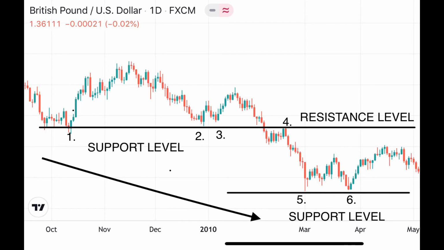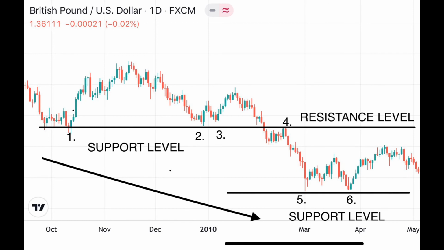So price came all the way down to where number 5 is, went up and came back down to where number 4 is. So if we look at it this way, we would be looking for a place where price will break that level, retest that support level and come all the way back down.